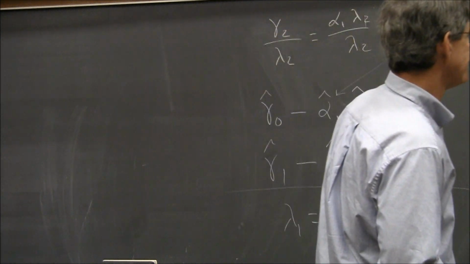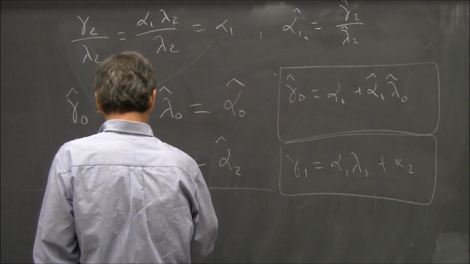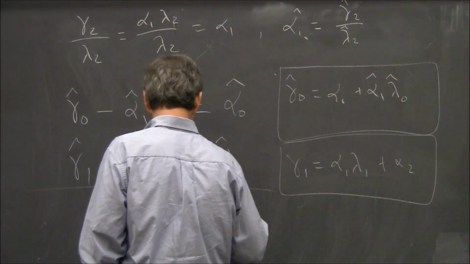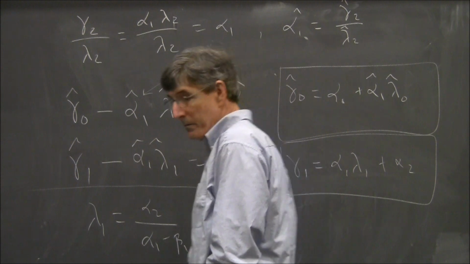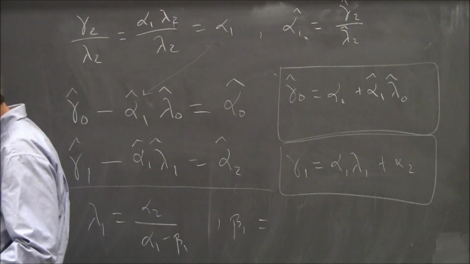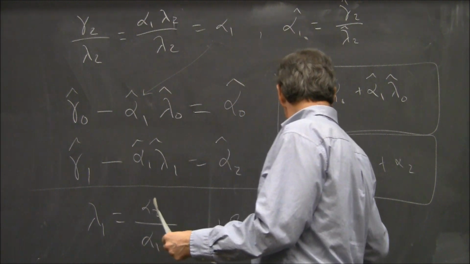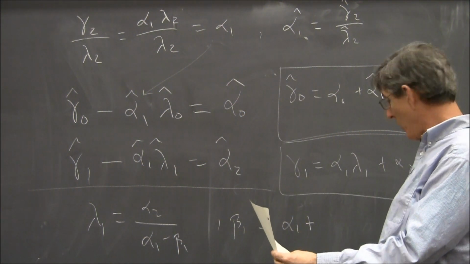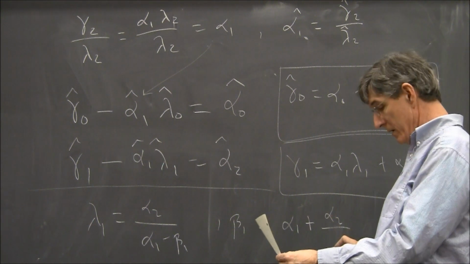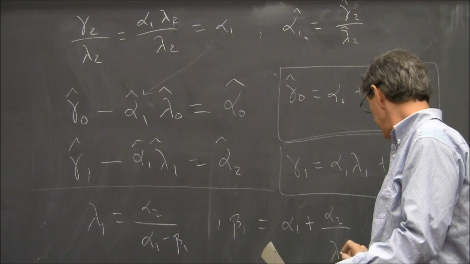So now I use that lambda 1 equals alpha 2 over alpha 1 minus beta 1. Then you solve for beta 1. So beta 1 is equal to, what is it equal to? After you solve that, you'll get that beta 1 is equal to alpha 1 plus alpha 2 over lambda 1.